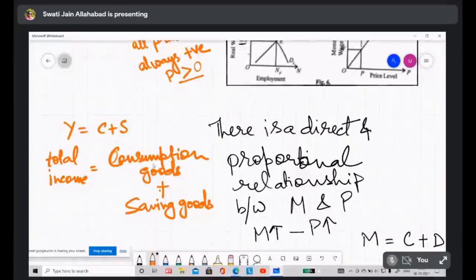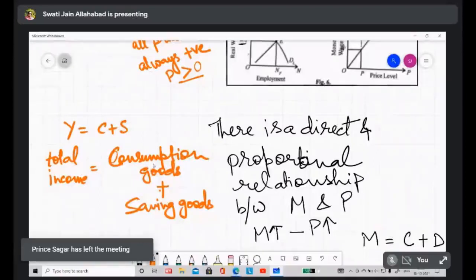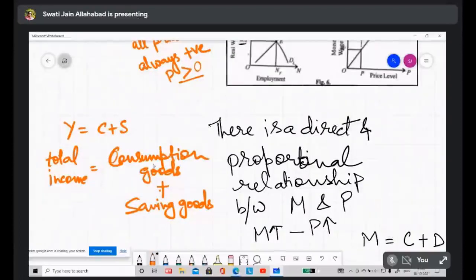So there is no role for money other than transaction. Whenever you have income, you will either use it to purchase consumption goods, or use it to purchase saving goods. You can say these are capital goods, investment goods, or loanable funds. There are different names which we can use. So we either purchase goods and services for our consumption, or for our saving purpose.